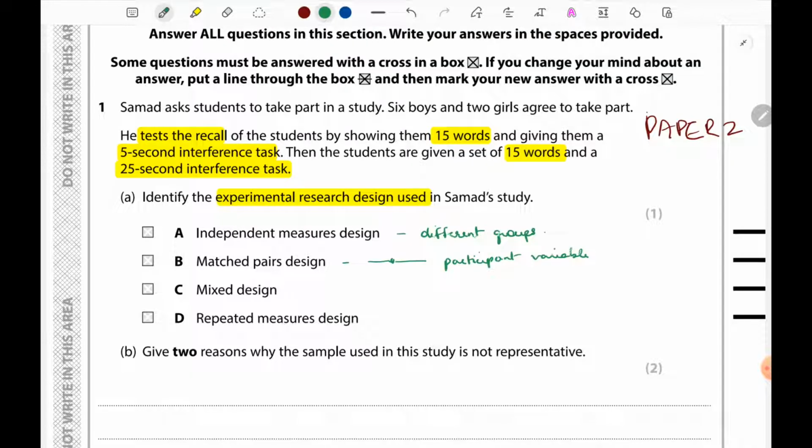Mixed design is a combination of independent measures and repeated measures design. And finally, repeated measures design is when the same set of participants are exposed to all treatments in the experiment.